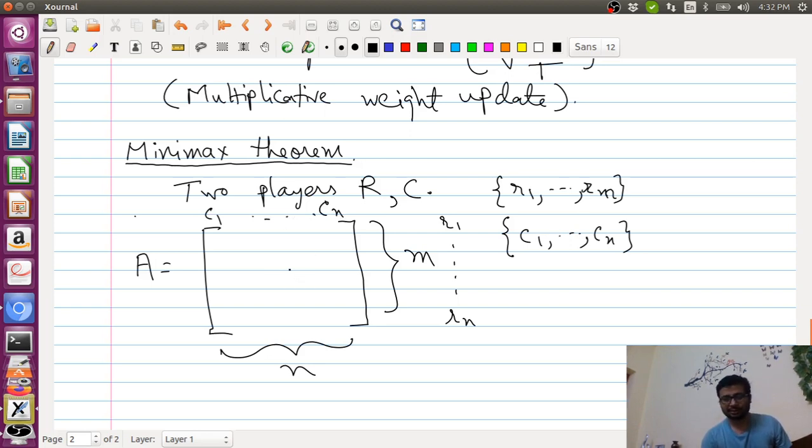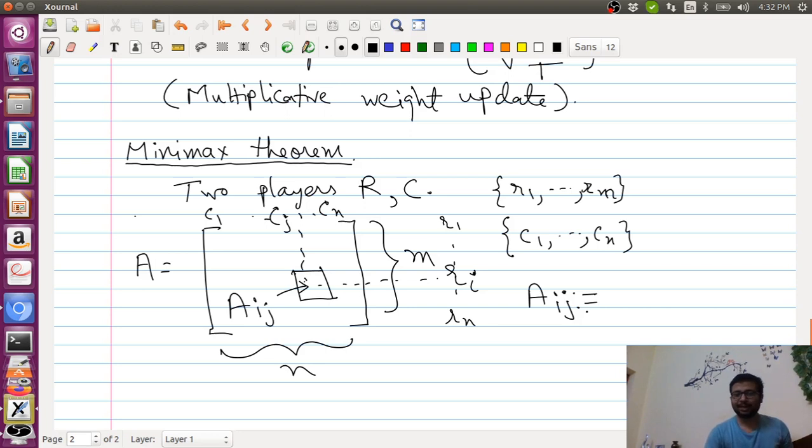Now the ijth entry of the matrix, Aij, so this is Ri and this is Cj, and this is Aij. We will call Aij the payoff of the player R if the players choose Ri and Cj respectively.